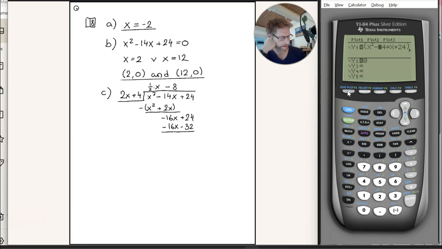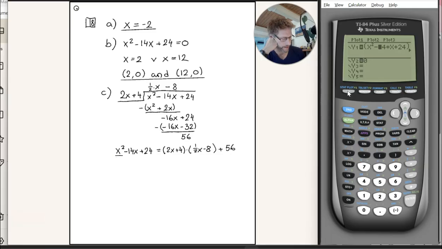So we get a remainder, again we're subtracting, this minus 16x goes away, but we get 24 plus 32, which is 56. And the upshot is that x squared minus 14x plus 24 can be almost factorized as 2x plus 4 times 1/2 x minus 8 plus a remainder of 56.